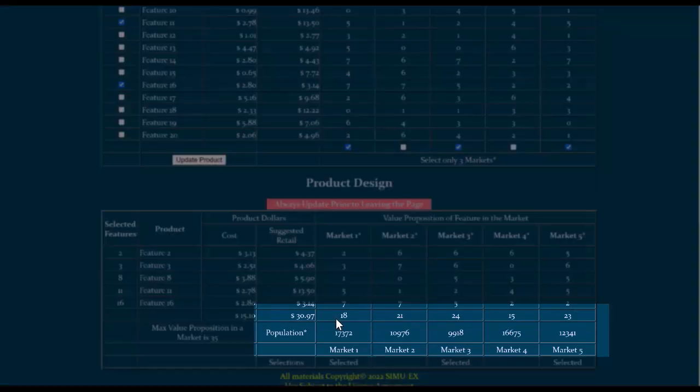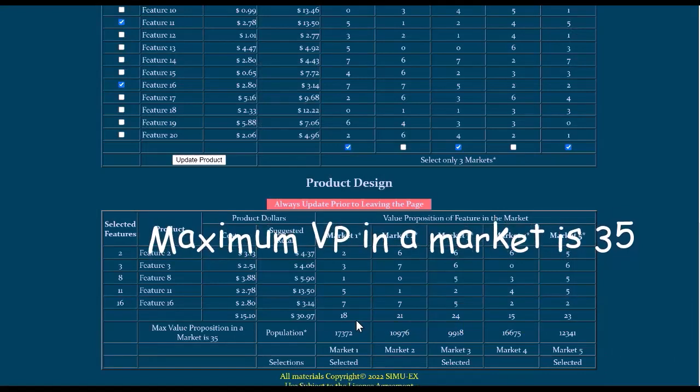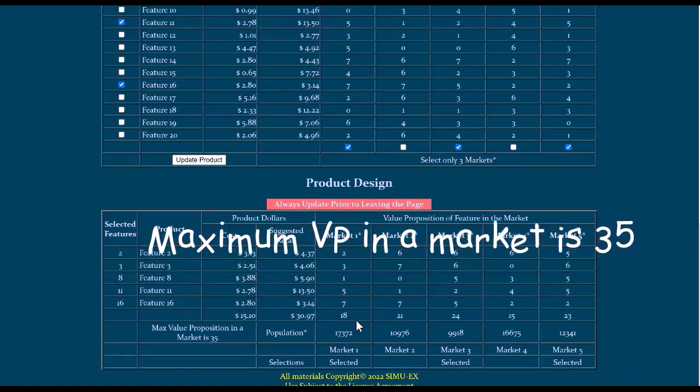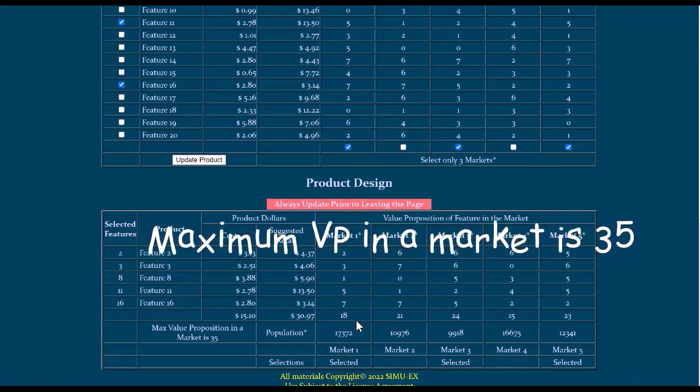But most importantly, it's showing us the value proposition in the market. Now, since 7 is the highest value one can assign in a market, and we can have up to 5 features, the highest value proposition in a market can be 35.